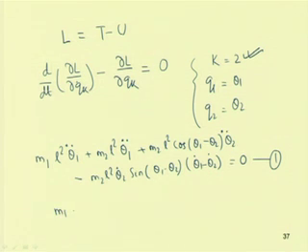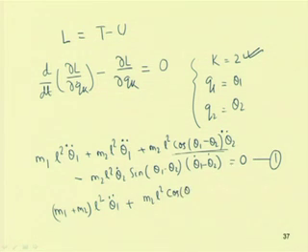It will become (m1 plus m2) L square theta 1 double dot plus m2 L square cos(theta 1 minus theta 2) times theta 2 double dot. Then the sin theta 1 also one can expand.